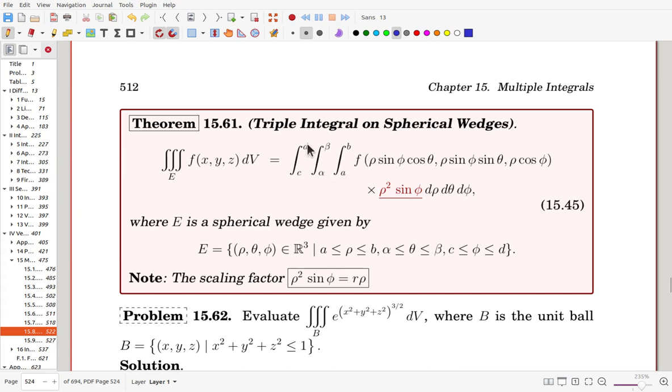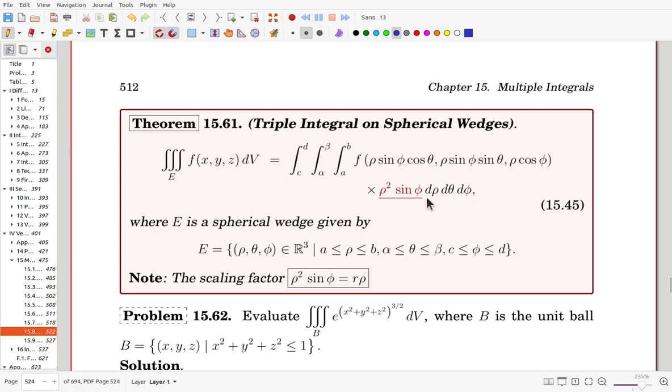It looks like integration over a box, and the same f expressed as a function of rho, theta, phi, and the scaling factor is rho squared sine phi, and that integration is over rho, theta, phi.